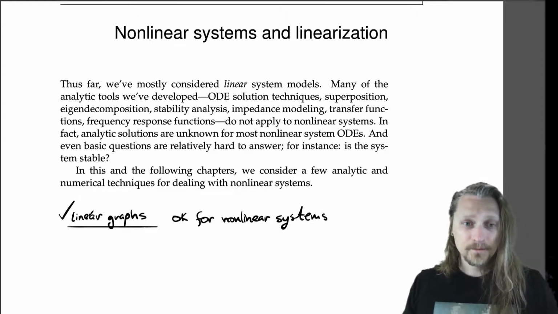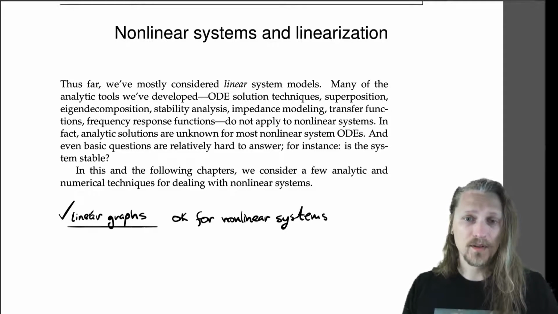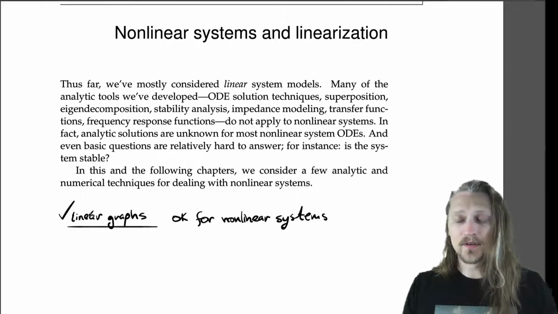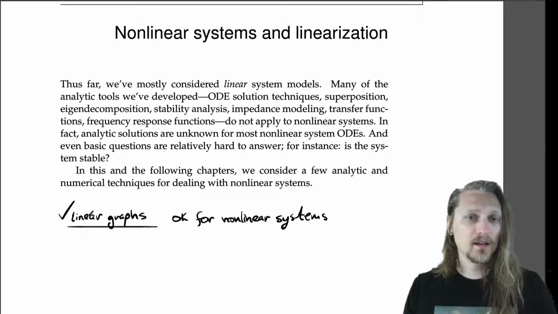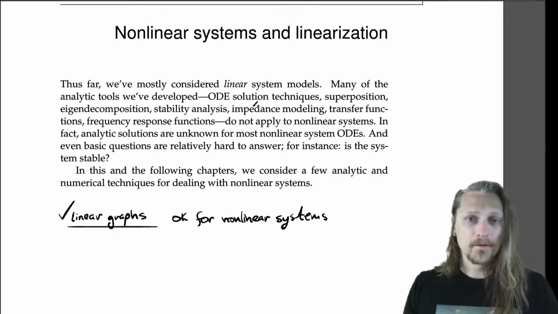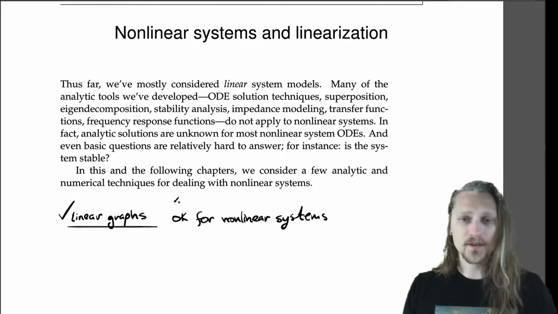So in the following chapters, 13, 14, 15, we consider a few analytic and numerical techniques for dealing with nonlinear systems. We can learn quite a bit about nonlinear systems, and we can do analysis of them, but unfortunately, many of the techniques that we've learned thus far only apply to linear systems.